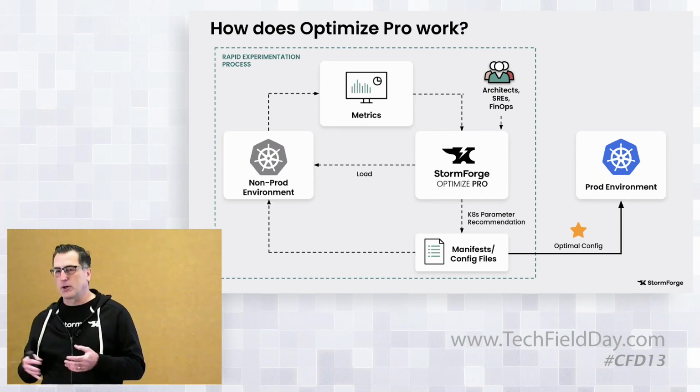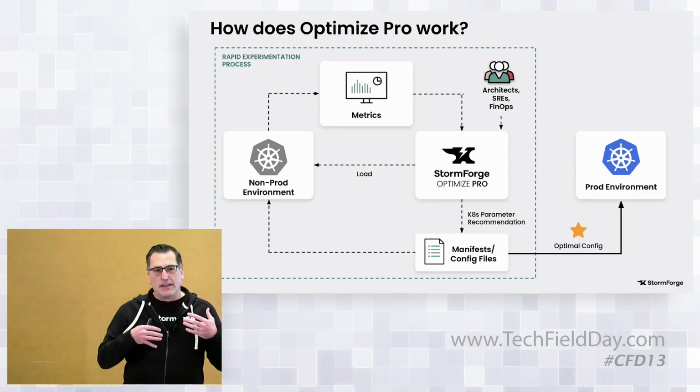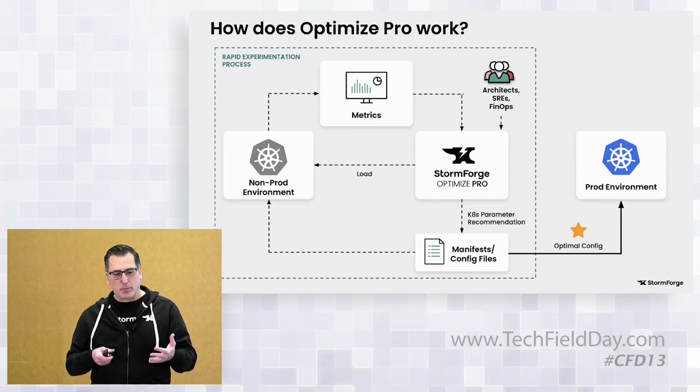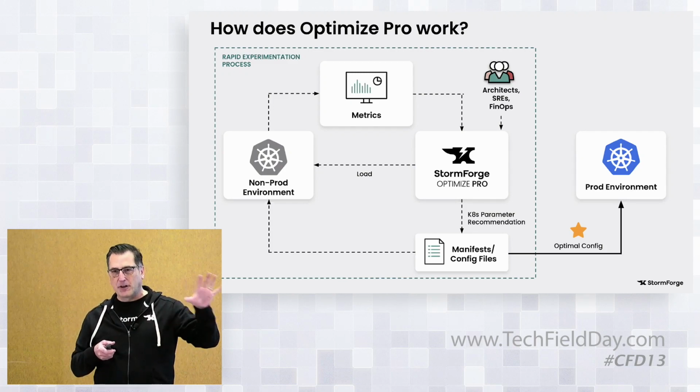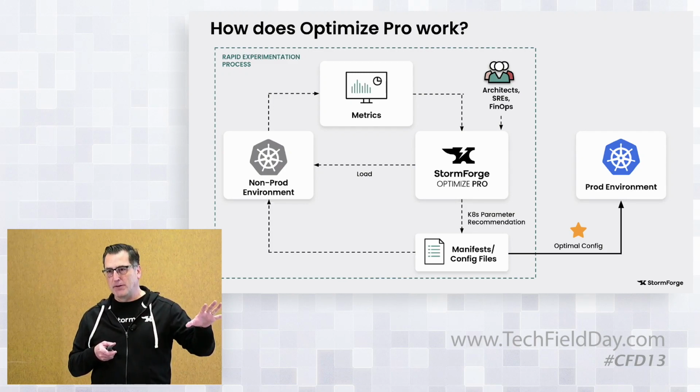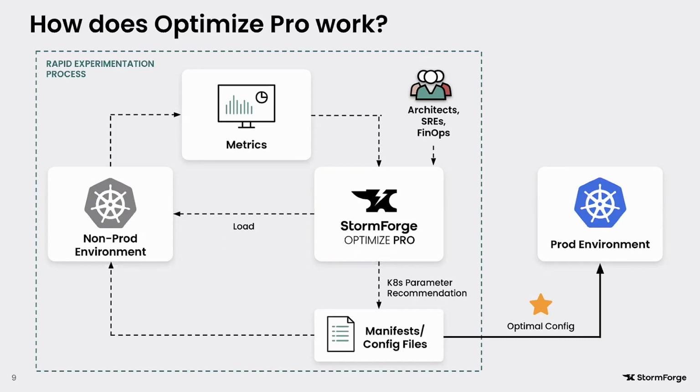It could be 200 trials. And each trial consists of a process where, first of all, we start the application up in a non-prod environment. We apply load to it using the load test that you built before. We measure the results, being those goals that you specified. And then our machine learning analyzes that and comes back with a new set of recommendations to try, updates the manifest, and does the same thing over and over again.